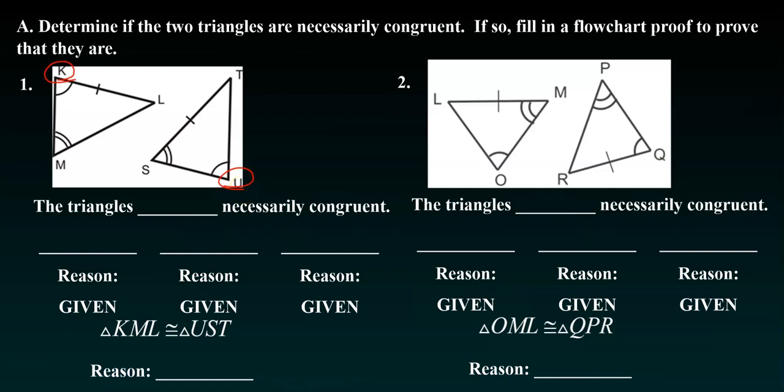We have this angle congruent and this angle congruent. And there's a mistake in my drawings here. It wouldn't be this side that's congruent, it would be this side congruent.